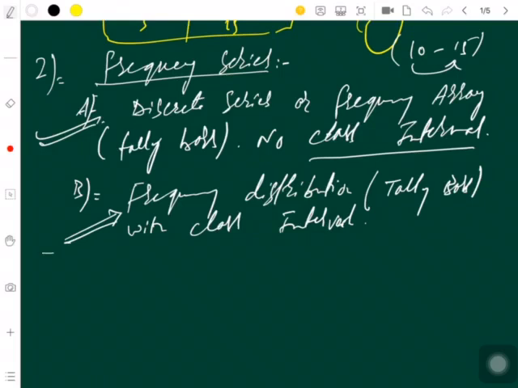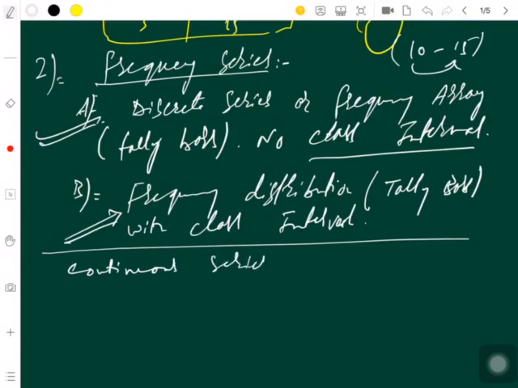For a continuous series you have to learn, say 10 to 20 is your example, a few things. First, we will learn what a class is. Each given interval is called a class.